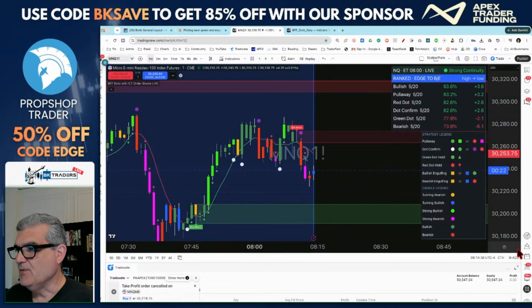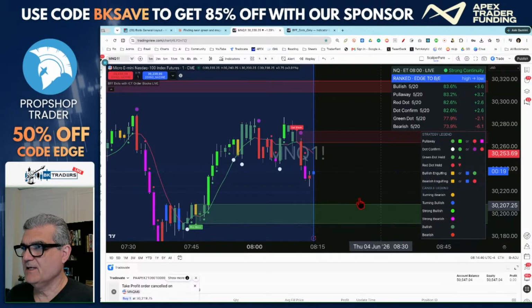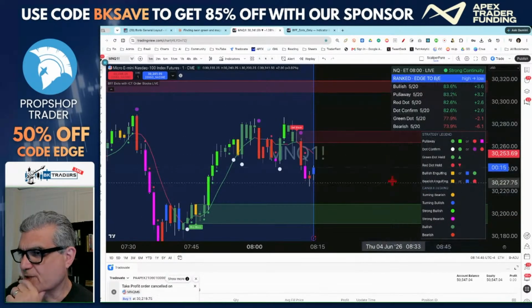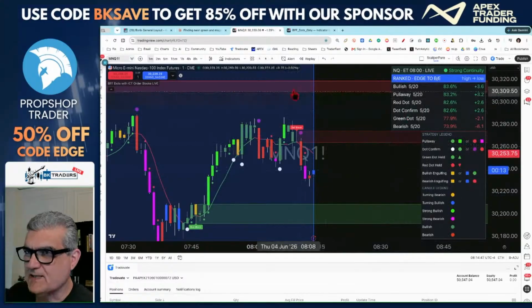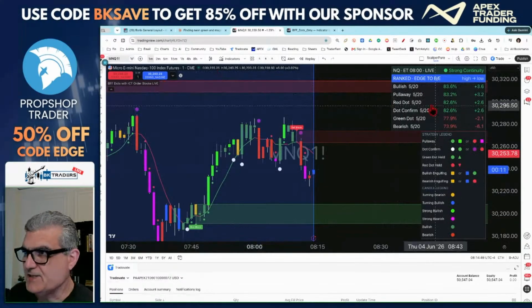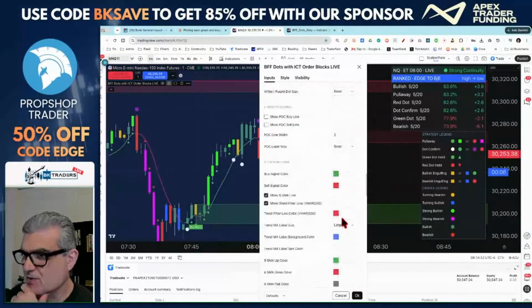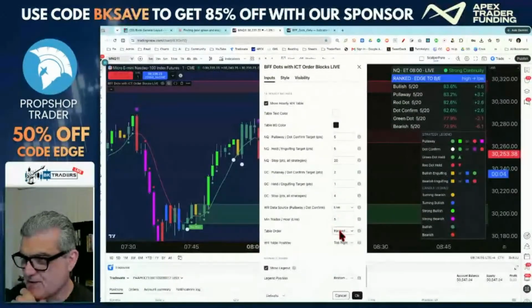Okay, so here's the thing about how you could structure your table. Now, the table, by the way, is not the default setting. The default setting is set up by category, grouped by category.